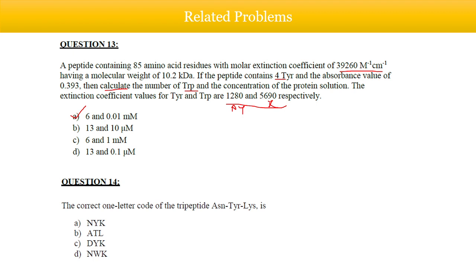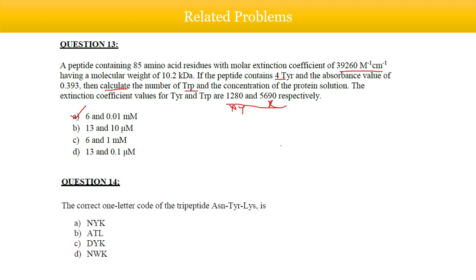In this manner we can add them. So 1280 into 4 plus 5690x equals 39260, and there you calculate x, it comes to be around 6. And the absorbance divided by molar extinction coefficient and your length, which is 1 centimeter, will give you your concentration, and that's why it's 6 and 0.01 millimolar.